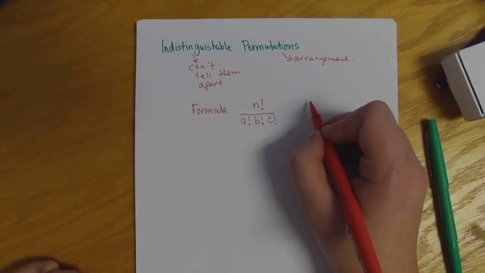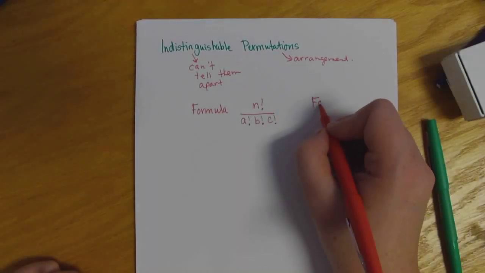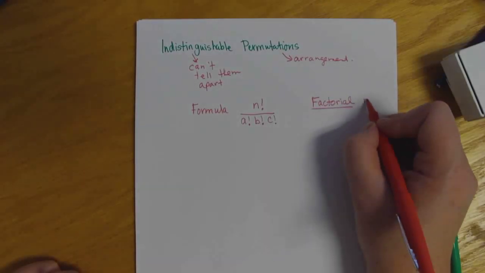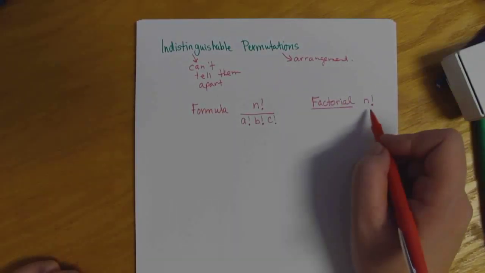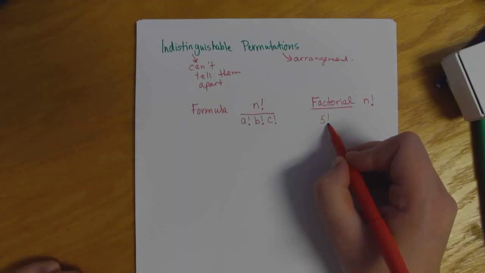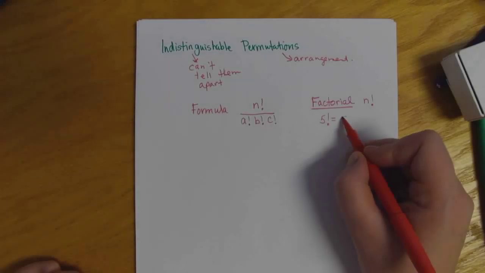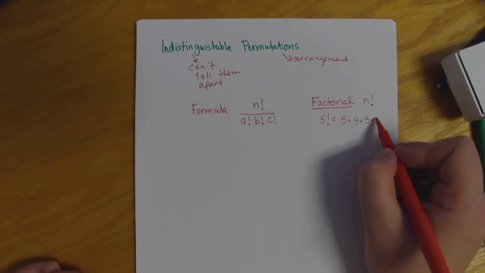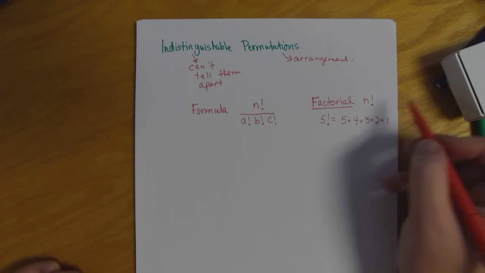Okay, so that exclamation point is a factorial. So it's an exclamation point after a number. And what it means, if you've not seen it before, is to take that number and multiply it by all the numbers all the way down until you get to 1.